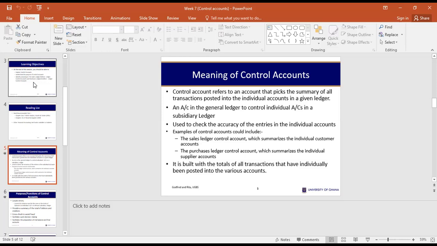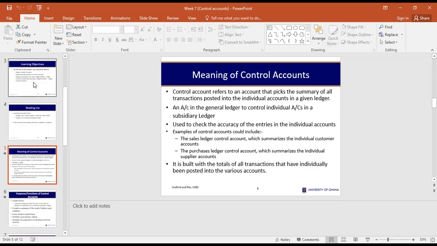So we have the sales ledger control account and the purchase ledger control account. These are like the mother ledgers. There are different ledgers which can be opened, let's say the debtors ledger, the returns inwards ledger, the cash book. All these can be summarized into one and then be placed into the control account.